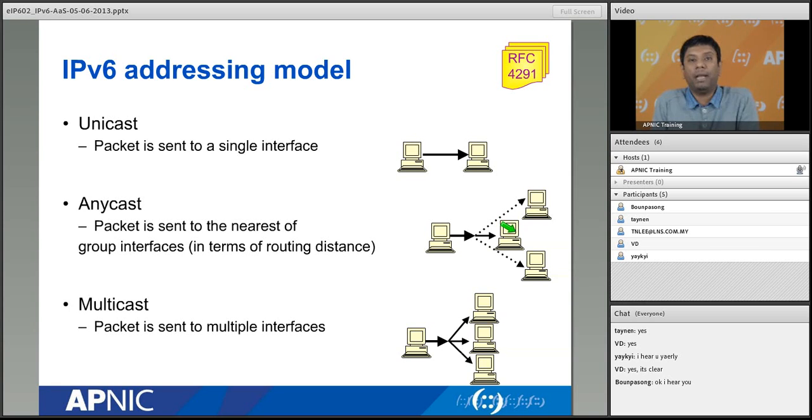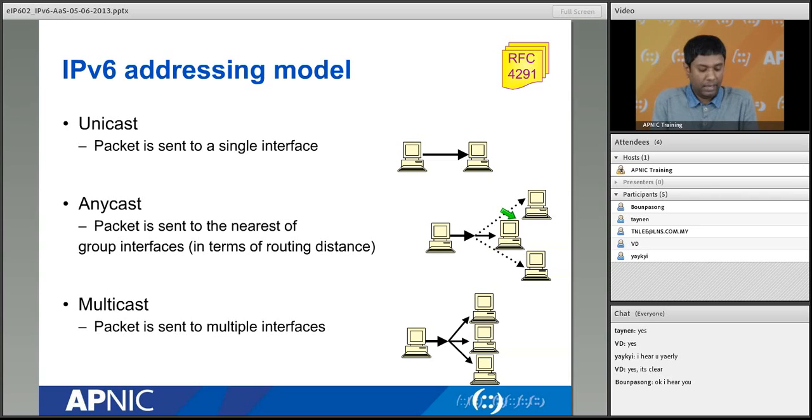Only this one will receive the packet, but the other two, which are far from the source machine, will not receive it. So in anycast, only one machine receives a copy of the packet, and the rest of the far machines receive no copy. But in multicast, every machine will receive a copy of the packet. That's the transmission types, or addressing models, that we have in IPv6.